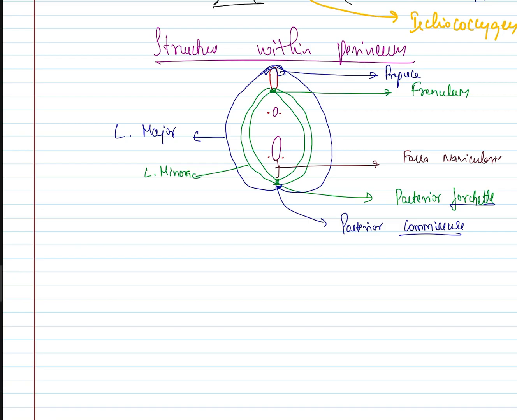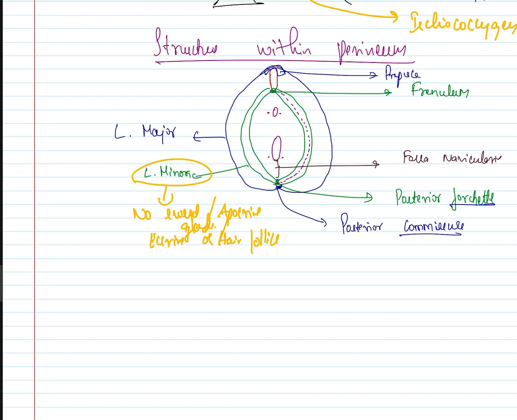This is your labia majora, and inside to that is your labia minora. A special thing about labia minora is that it has no apocrine glands, eccrine sweat glands, or any hair follicle, whereas your labia majora has hair follicles and sweat glands. Okay, there is something called Hart's line, a junction between the outer one-third and medial of the labia minora.